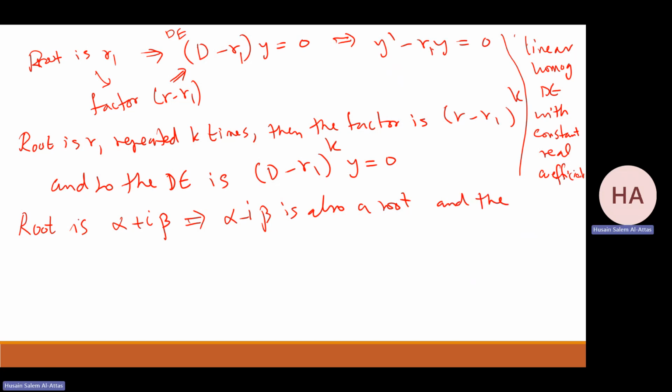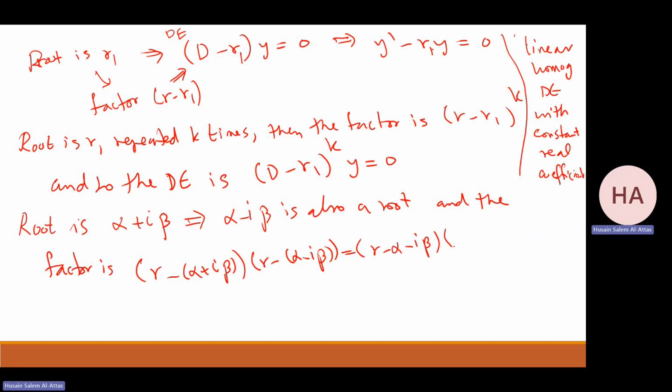And the factor is what? It will be r minus the first root times r minus the second root. Now I'll give you a formula. That will be r minus alpha minus i beta times r minus alpha plus i beta. So I have, this is u, this is y. I put it with the bracket.